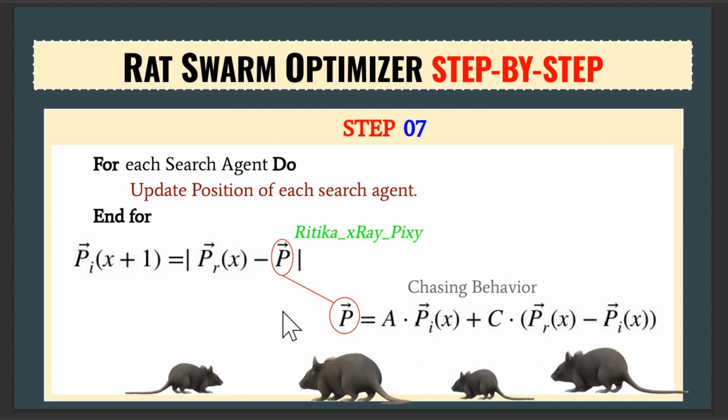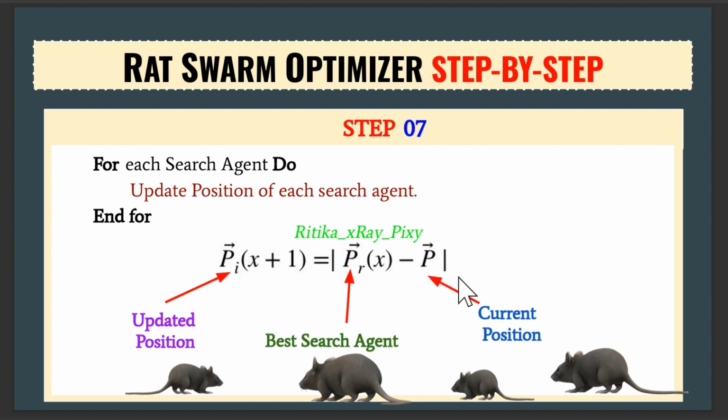So how will we update the rats' position? We will update the rats' position based on their position with respect to the best search agent obtained so far. This is the rat's position and this one is the best position, that is the optimal solution.